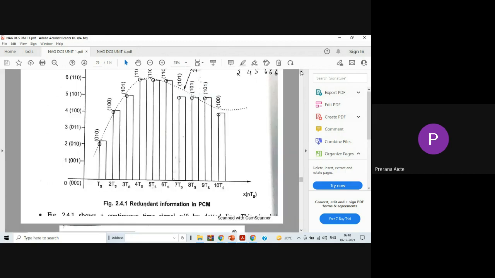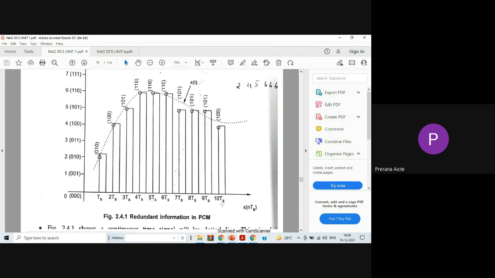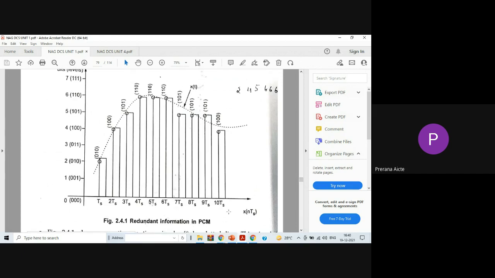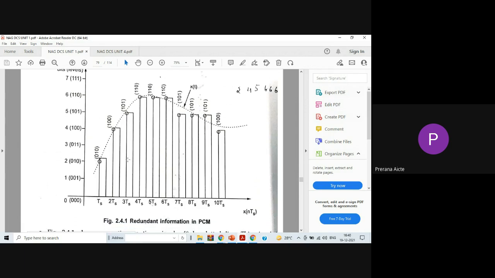See what we have taken: redundant information in PCM. On the x-axis we have taken the sampled signals, which are discrete in time and continuous in amplitude, and on the y-axis we have taken the quantization levels. If you observe here, at the sample Ts it is taking 010, at 2Ts 100.